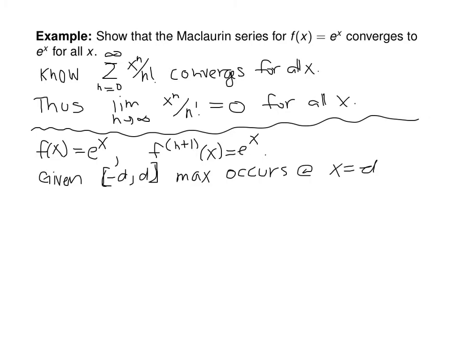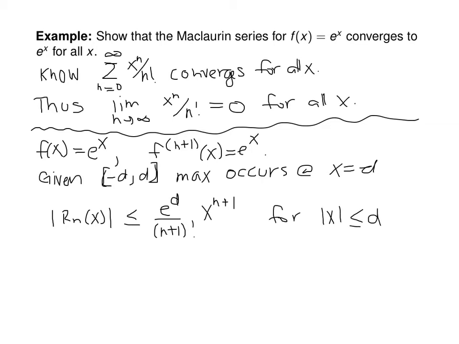So we have that the absolute value of the remainder is less than or equal to e to the d over n plus 1 factorial multiplied by x to the n plus 1, as long as the absolute value of x is less than or equal to d.